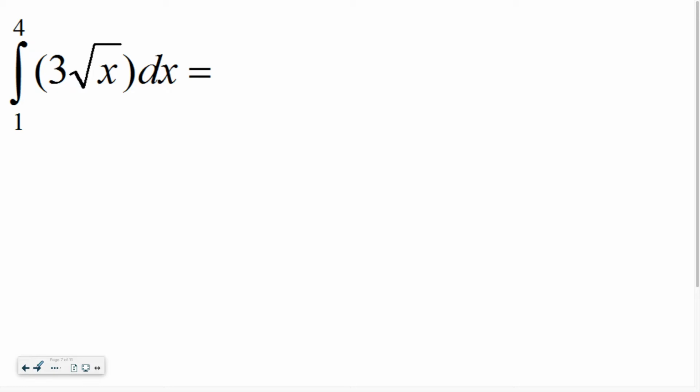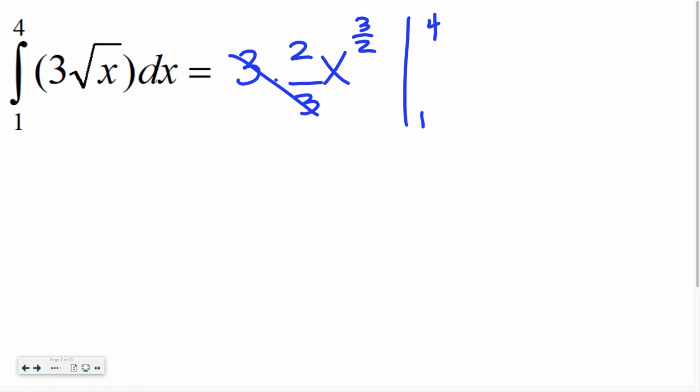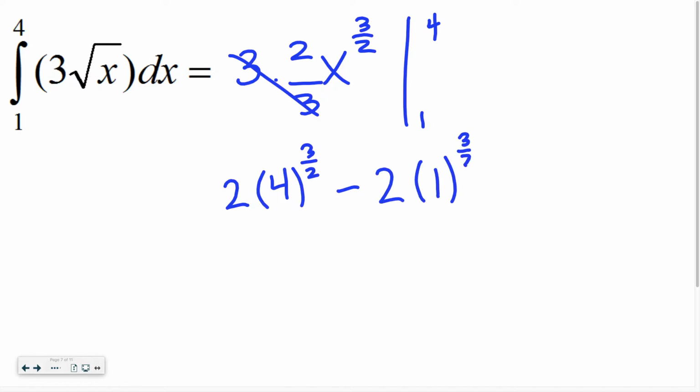Okay? So this is 3 times x to the 1/2. What is its antiderivative? Well, it'd be 3 times x to the 3/2 over 3/2, which is 2x to the 3/2, evaluated from 1 to 4. So we're going to take 2 times 4 to the 3/2 minus 2 times 1 to the 3/2.